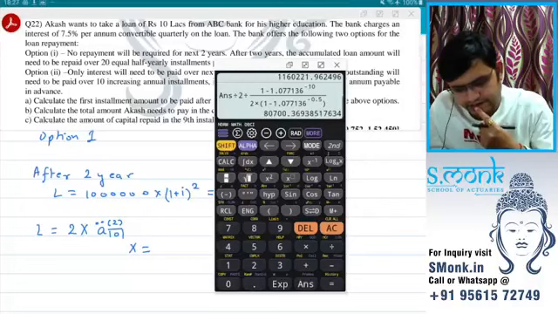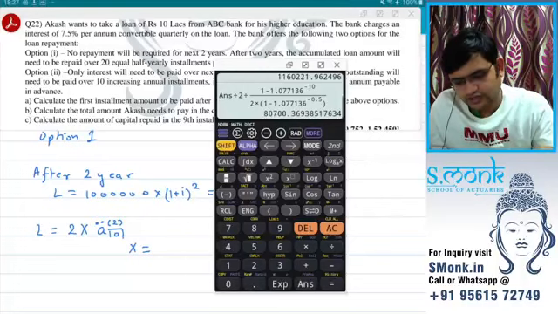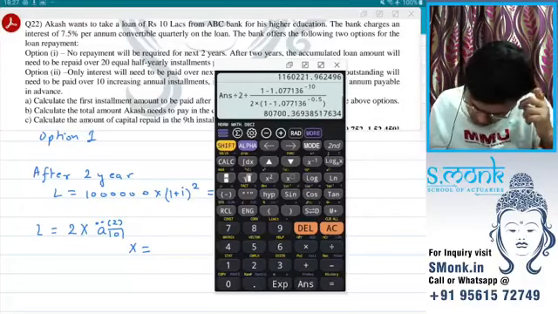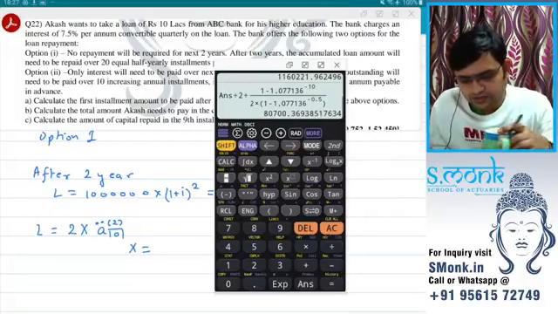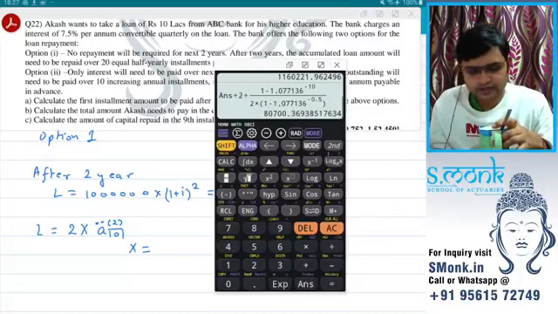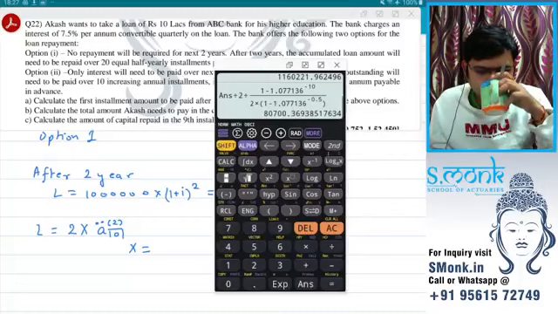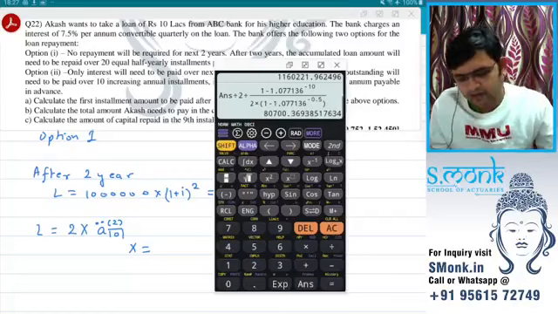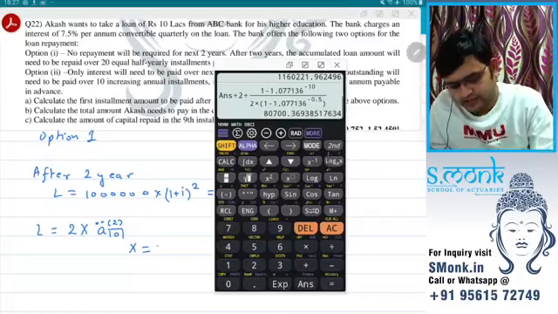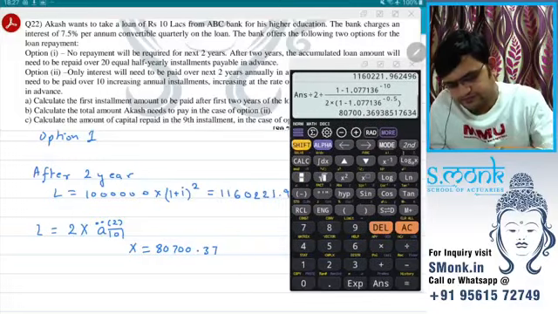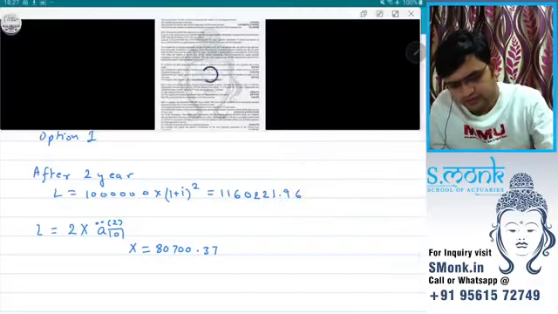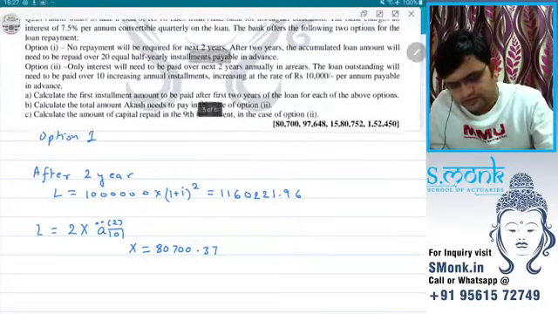I'm getting 80,000 installment. So I made some mistake somewhere. Actually, no, 80,000 installment is correct because the loan is of 10 lakh. Most likely this is correct. 80700.37. Okay. Yes, that's correct.